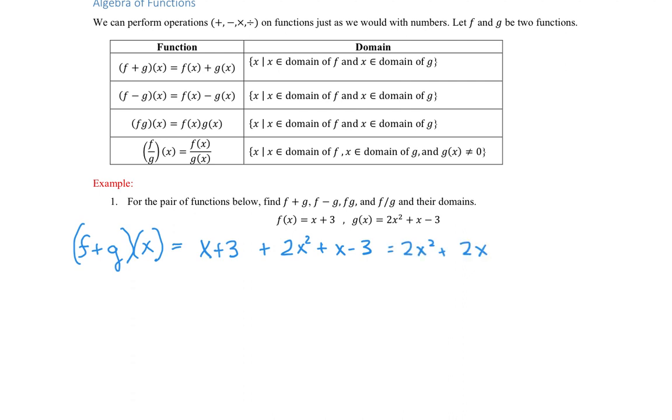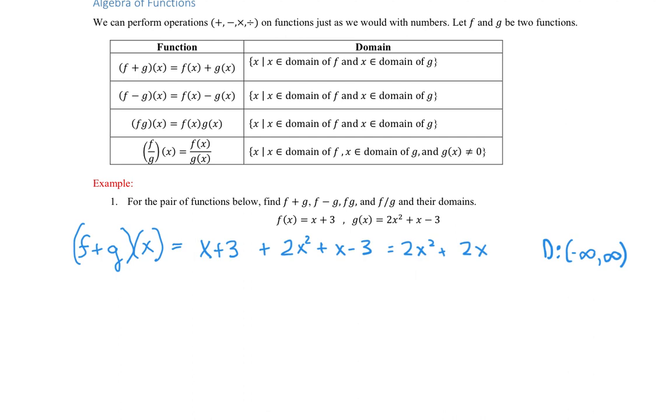Since this is a polynomial, we know that the domain will be negative infinity to infinity. But notice we also know this because f and g are also polynomial functions, so their domain is negative infinity to infinity as well.